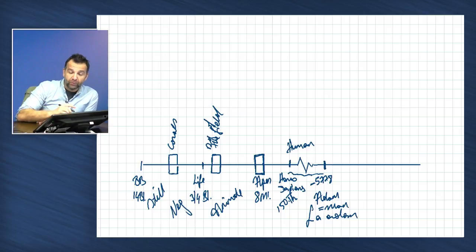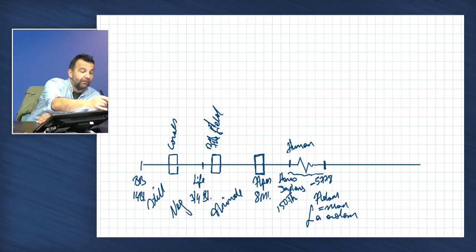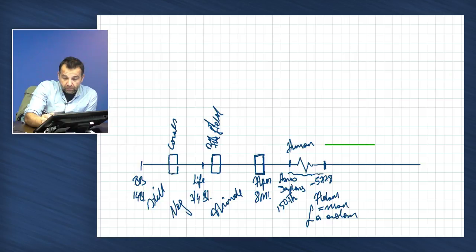So from Adam onwards, there were two layers of development. One corporeal, while still living in this world, they also discovered the spiritual.